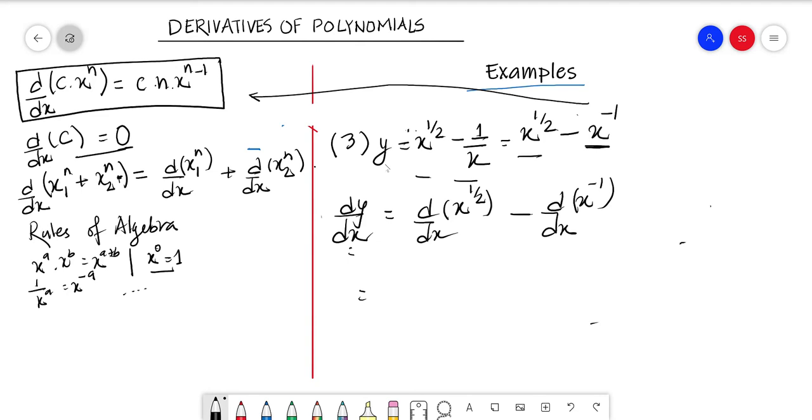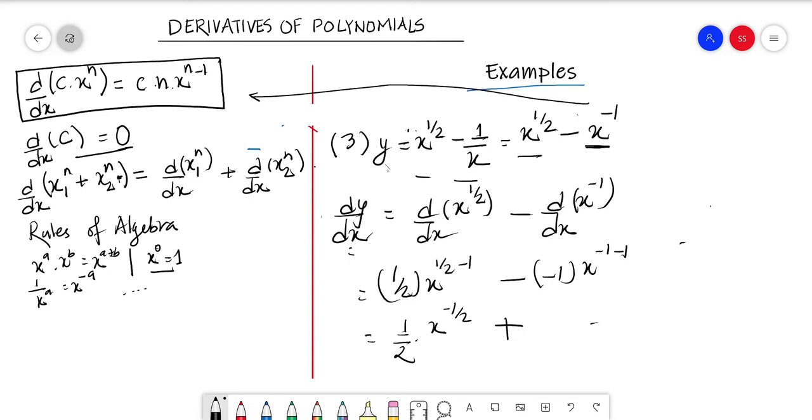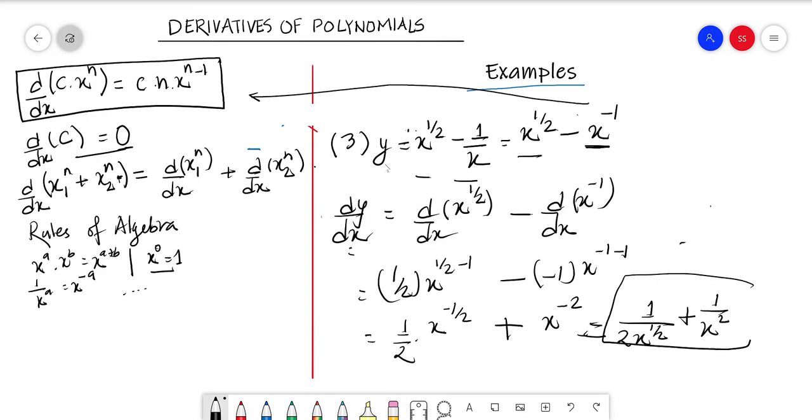That will be equal to n x to the power n minus 1 for each term. So it gives 1 by 2 x to the power 1 by 2 minus 1, minus minus, so plus x to the power minus 2. Now if you want to simplify it, you can write x to the power minus 1 by 2 as 1 by x to the power 1 by 2 in denominator form, and x to the power minus 2 as 1 by x squared. So this is our answer.